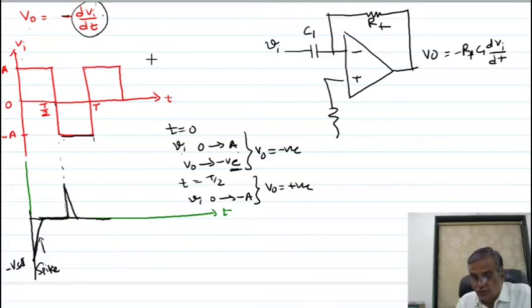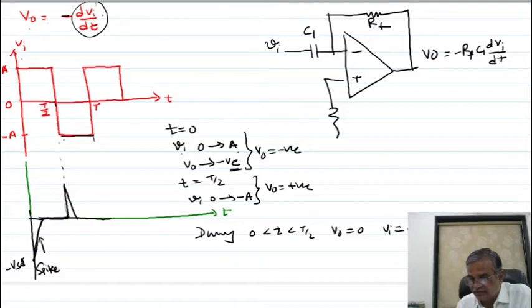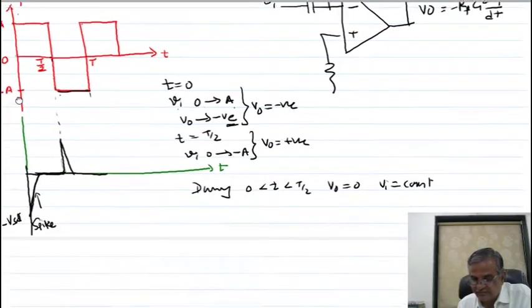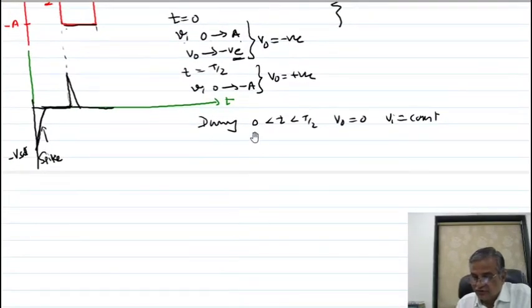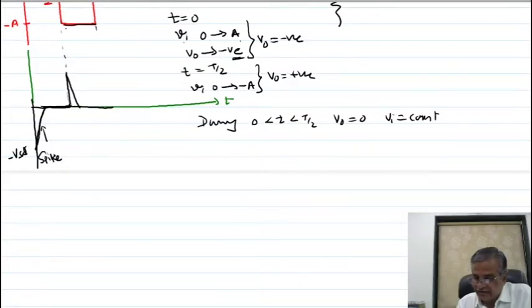So during 0 to T by 2 your output is 0, because Vi is constant. Between T by 2 to T time your output is 0, because the input is again constant.